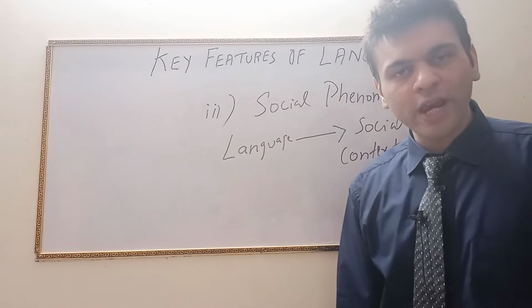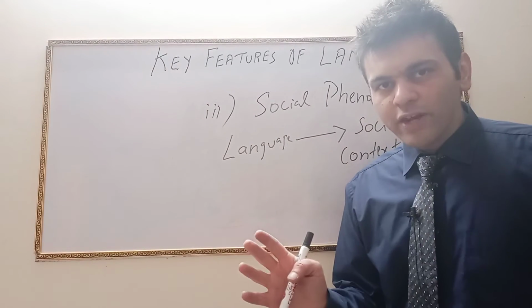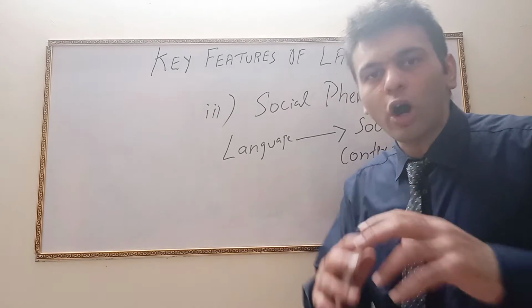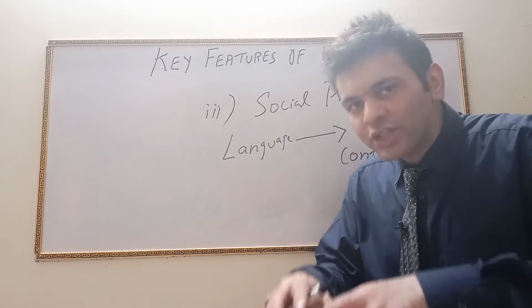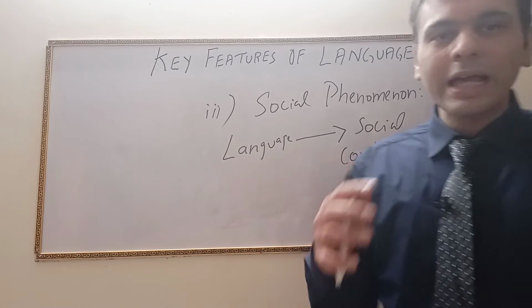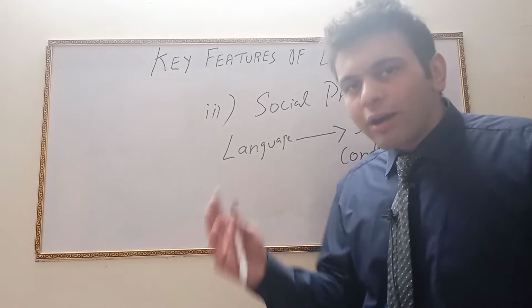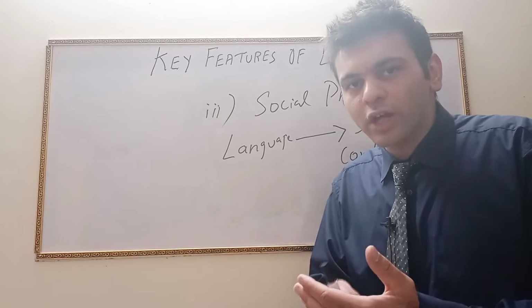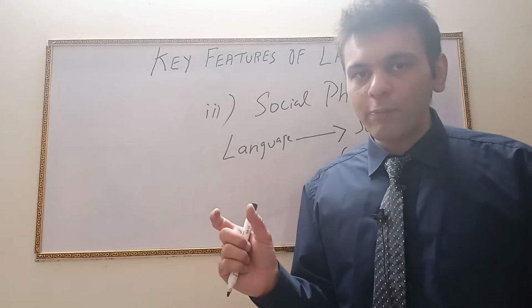Social context means that whenever we use language, language is always used as a medium of interaction amongst society members. When there are people living in a community or in a speech community, all of them interact with one another with the help of language.